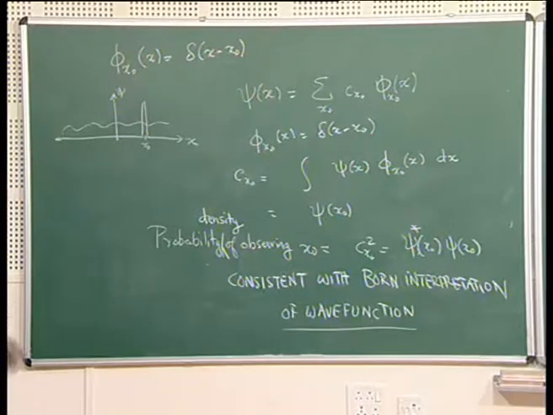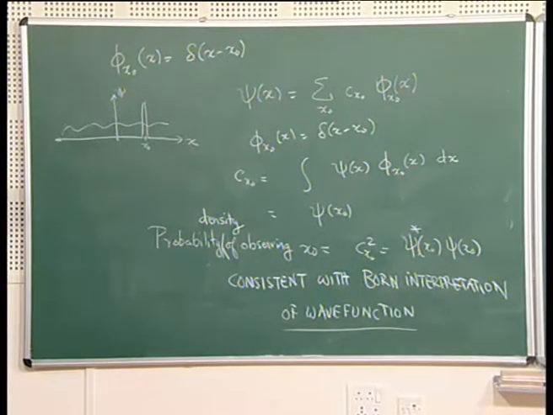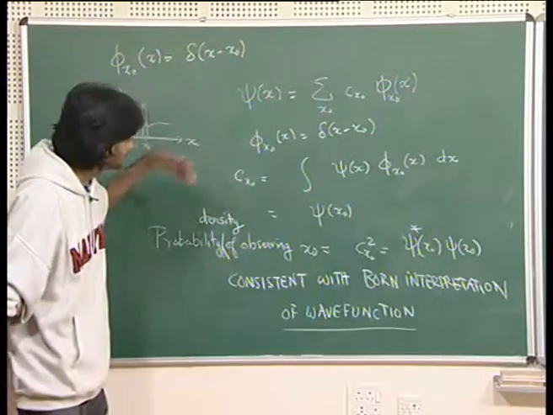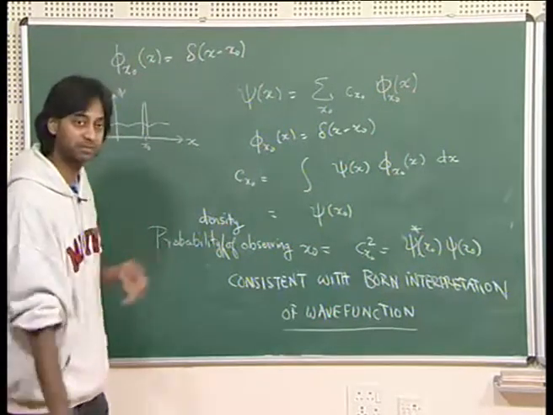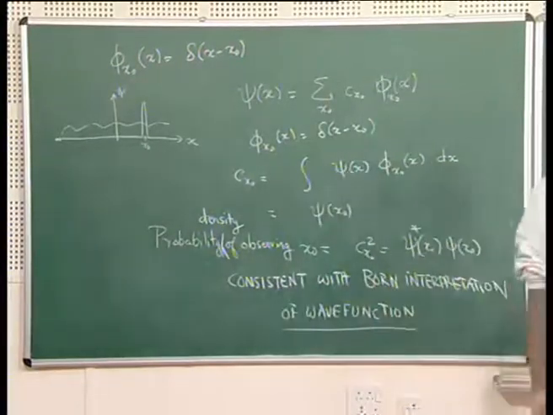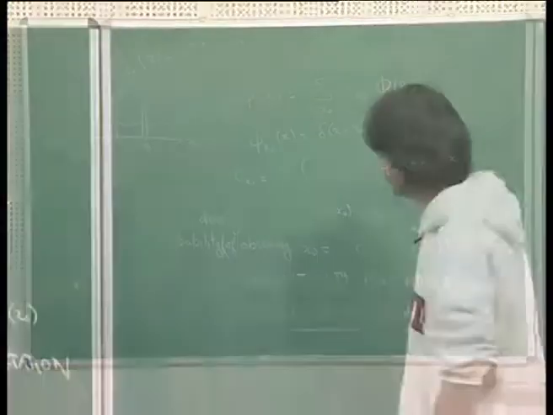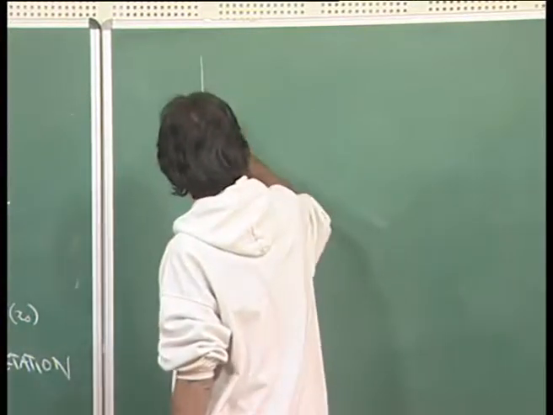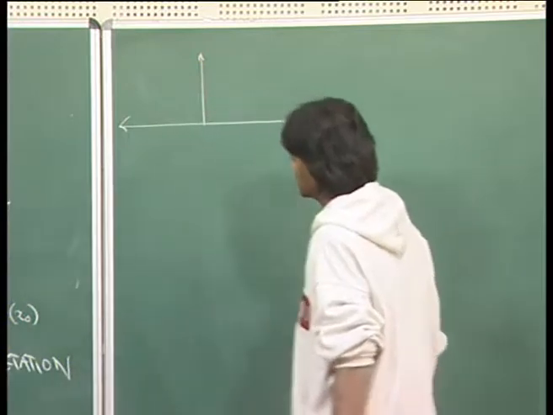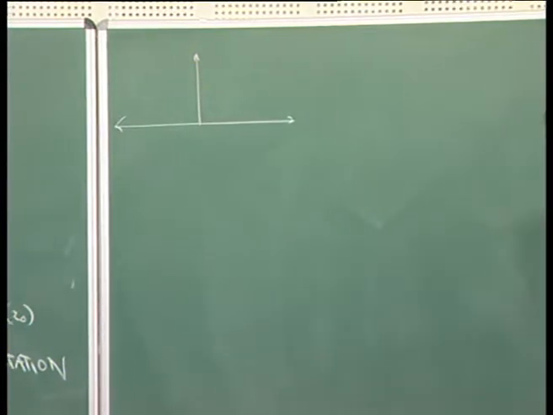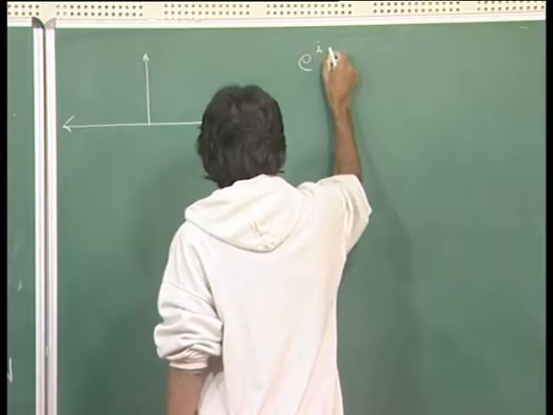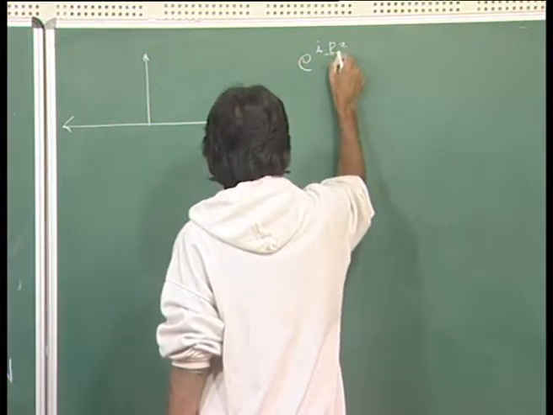Okay. And the last thing I want to say in this aspect is that we saw that the position representation and the momentum representation are Fourier transforms of each other. Now, that can be understood in a very simple way. So, if you look at the eigenfunctions of momentum, they are e to the i p x by h cross.